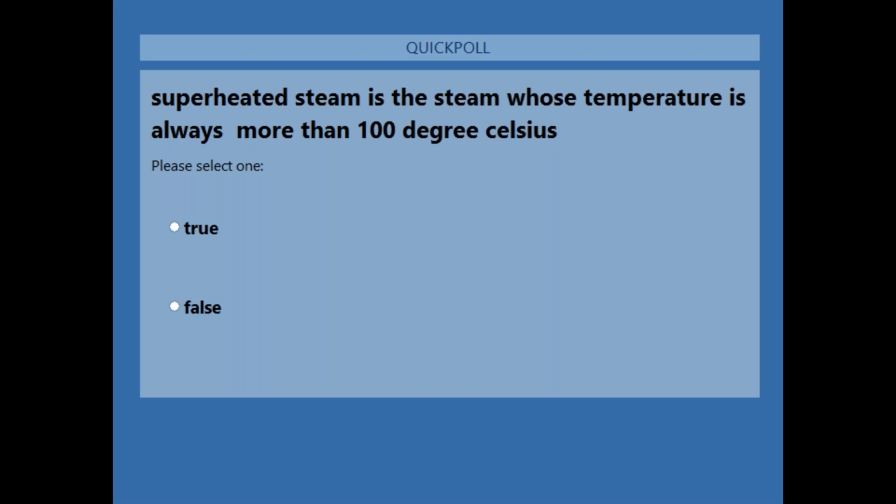So this is again the concept which I taught you in the last class about superheating.